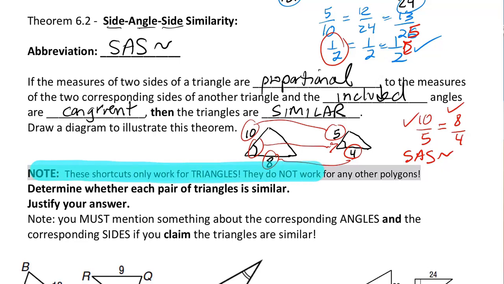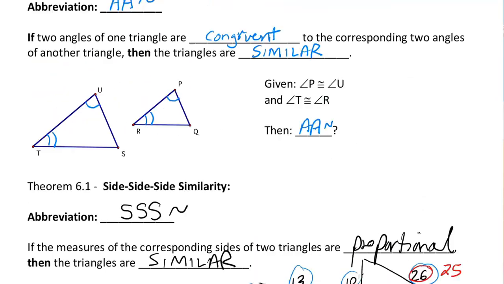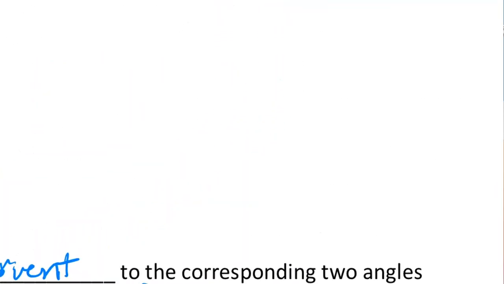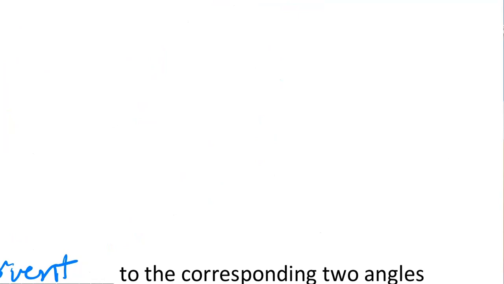Important note here. These shortcuts only work for triangles. They do not work for any other polygons. I'd also like to point out, maybe I'll write it up here, we have these shortcuts we just discussed.